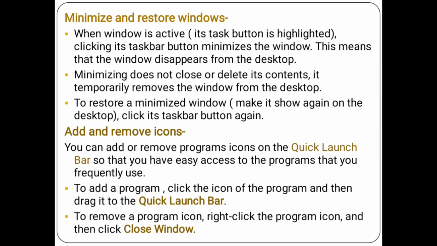In the previous picture, you have seen that the taskbar button is highlighted, meaning that the program is active in the window. But when you click this highlighted taskbar button, that program window will get minimized.